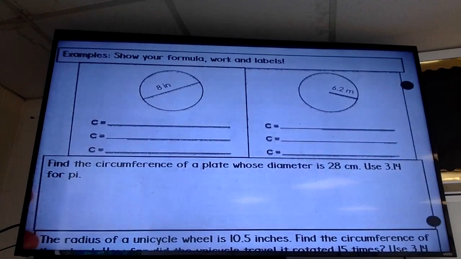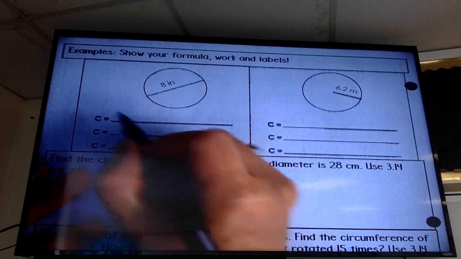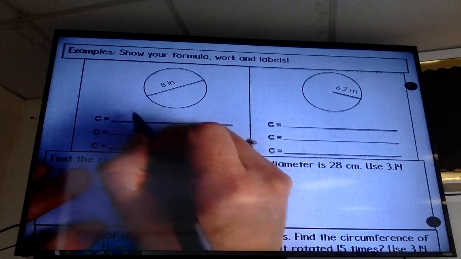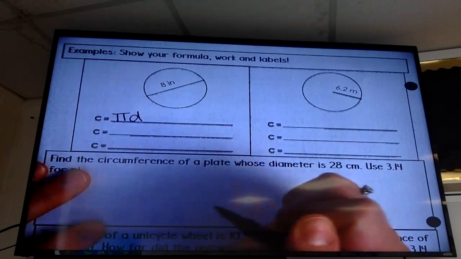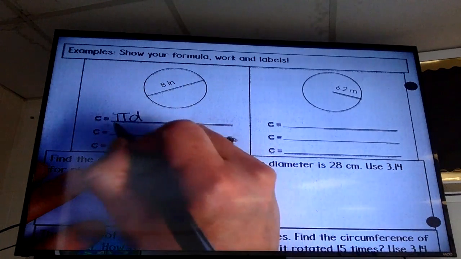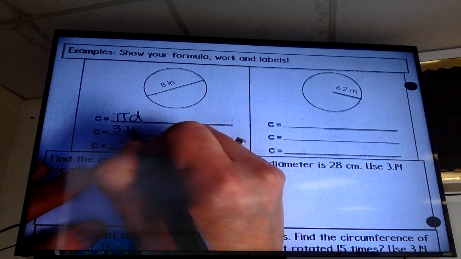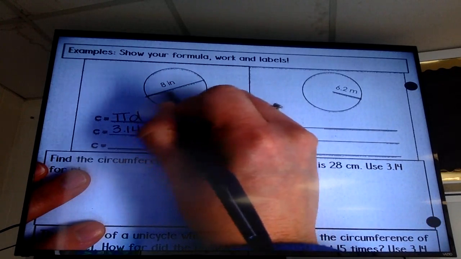Let's try some on the back. So show your formula, work, and don't forget to label it. So here's my line for my formula. Remember, circumference equals pi times diameter. I'm going to fill in what I know. There's no instructions on what to use, so that means we're going to use 3.14 times, I've been given my diameter.